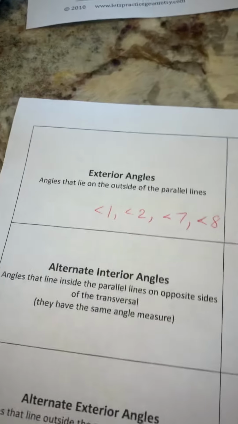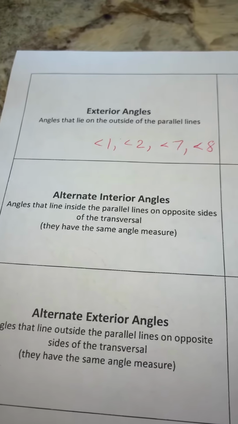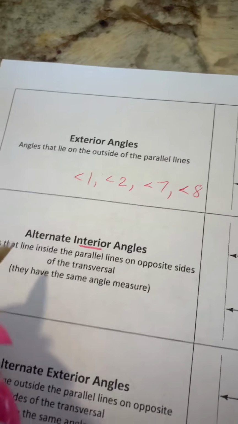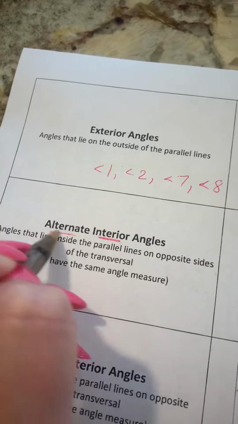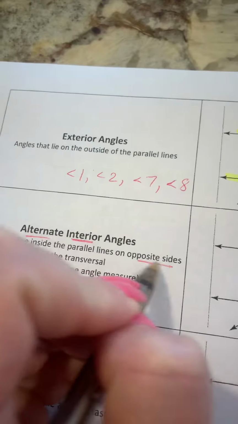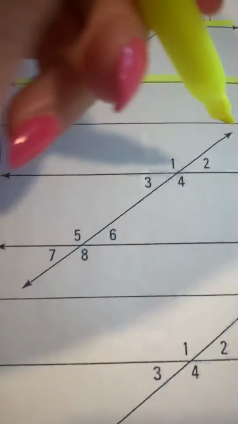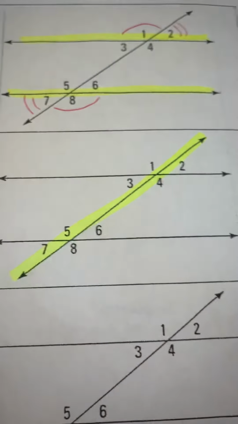All right. Now let's put this together with the next one. The next one says alternate interior angles. So not only do they have to be on the interior, they also have to be on alternate sides of the transversal, or opposite sides of the transversal. Remember, the transversal is this. Let's start first with interior.